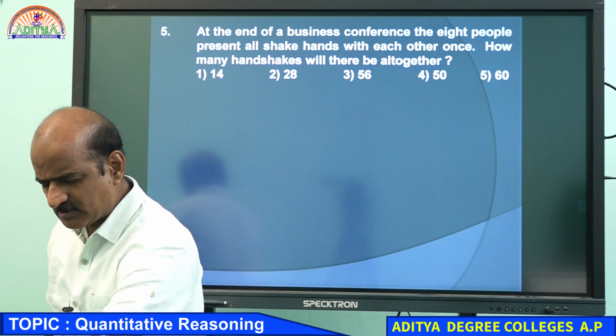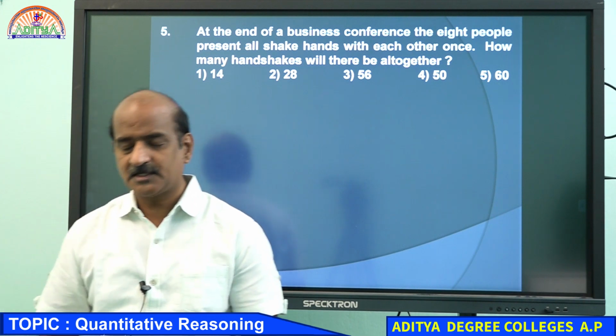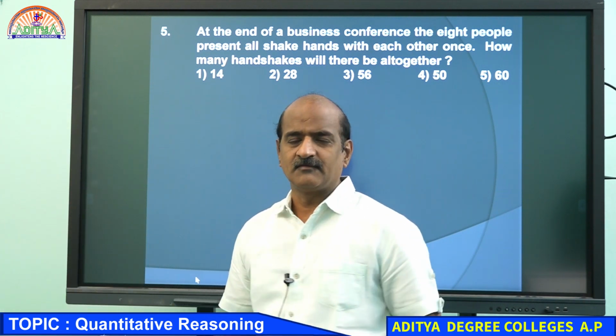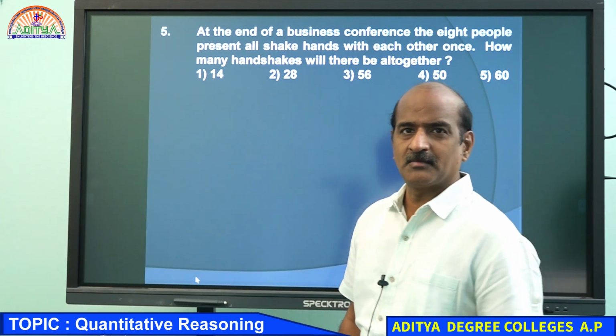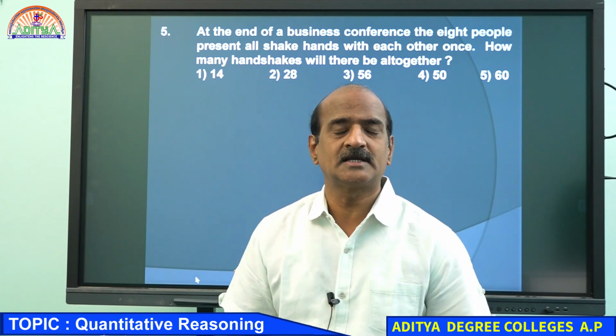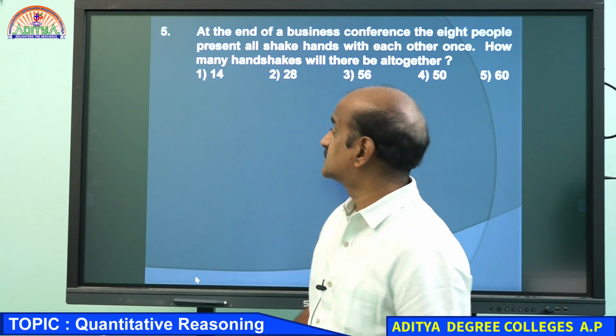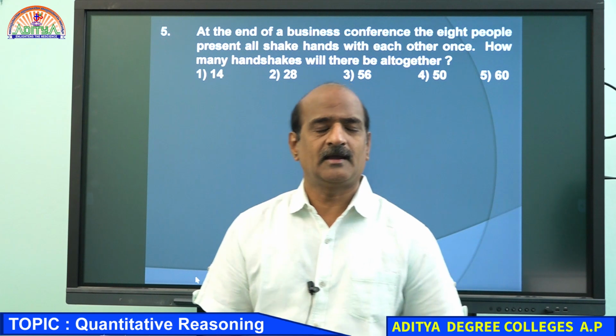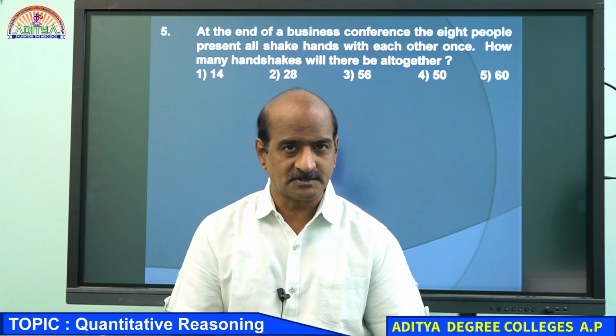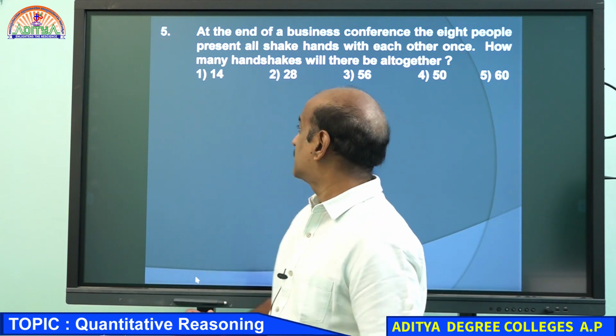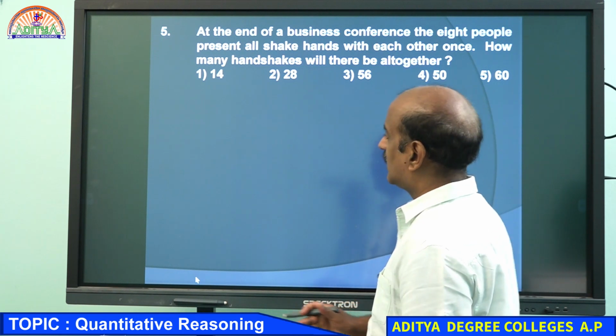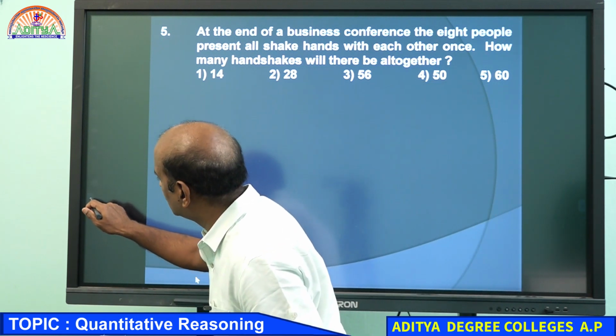Oh, somebody seems to have already answered this question, because I know you might have the very basic permutations and combinations. Shaking hands is a concept of combinations. Student, to shake hands, we require 2 persons to participate. How many people do we have in this one? We have 8 people in total.